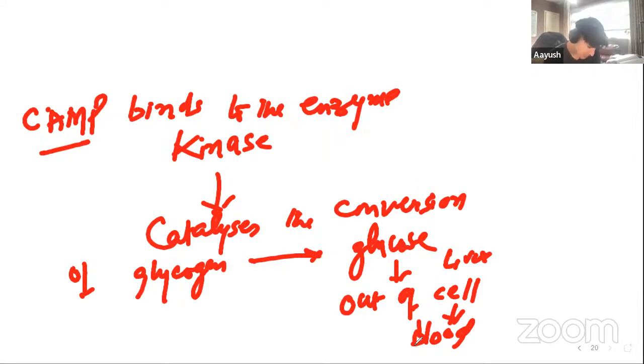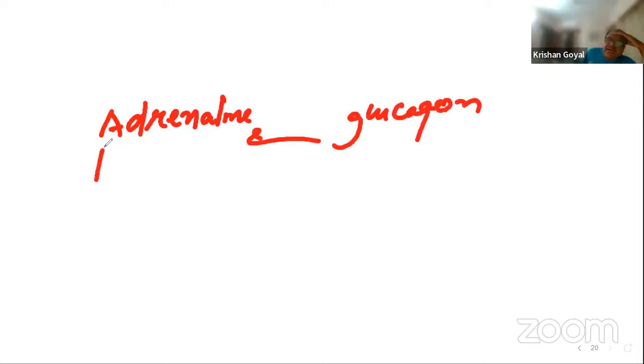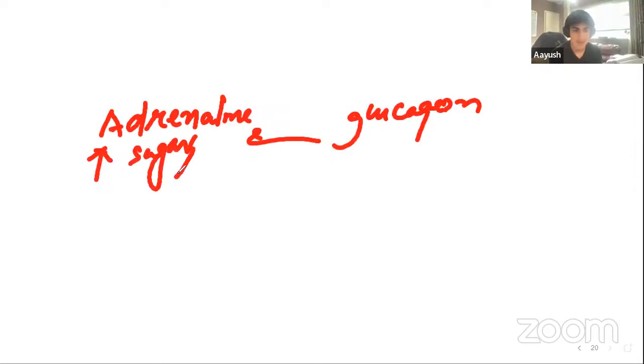What was I going to ask? So is glucagon not involved in this? I tell you, we have just taken the example of how adrenaline and glucagon increase the sugar level when sugar level decreases, by the activation of enzymes.